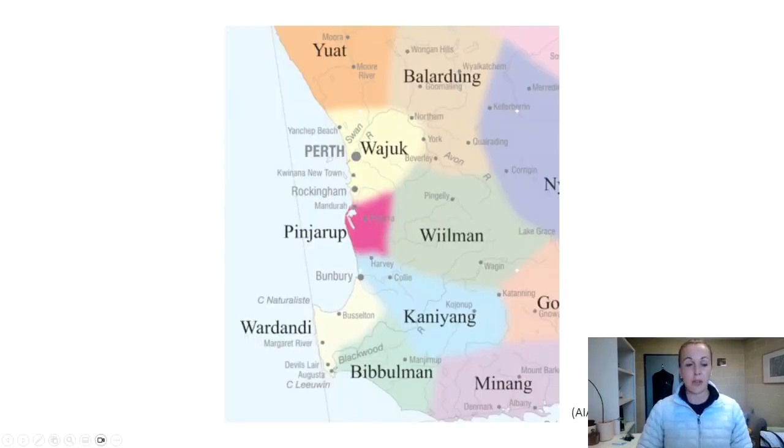If we look at Perth from the Aboriginal traditional perspective, we are on Whadjuk Noongar land, and you can see here where Whadjuk land borders the other traditional lands close by.